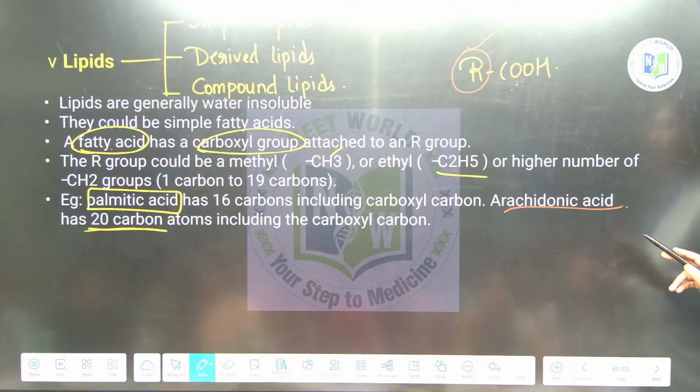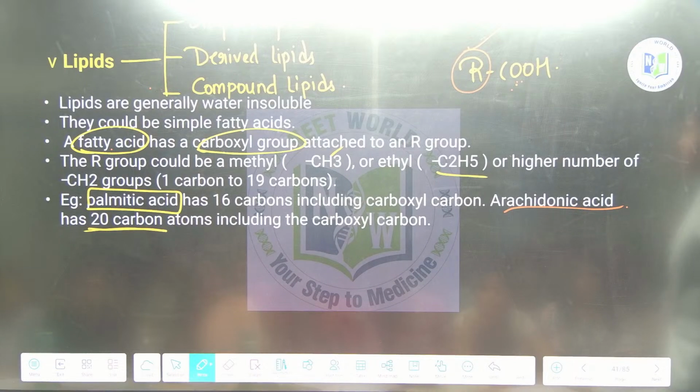These are the examples you have to learn. Lipids are usually water insoluble. What is the general formula, and how many carbons does palmitic acid and arachidonic acid have including the carboxyl carbon?